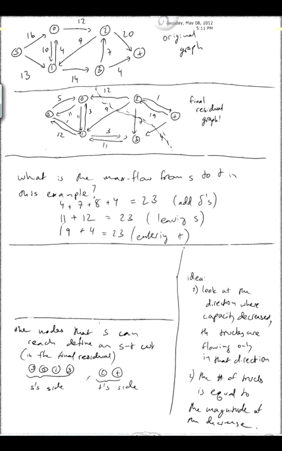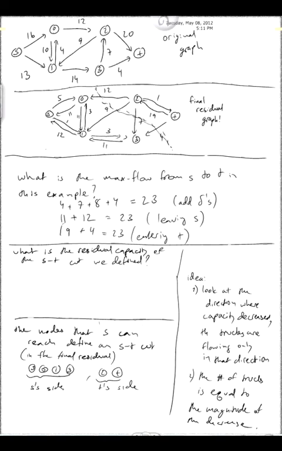The natural question to ask is, what is the residual capacity of the ST cut we defined? So we define this ST cut by looking at all the nodes that are reachable from S in the final residual.